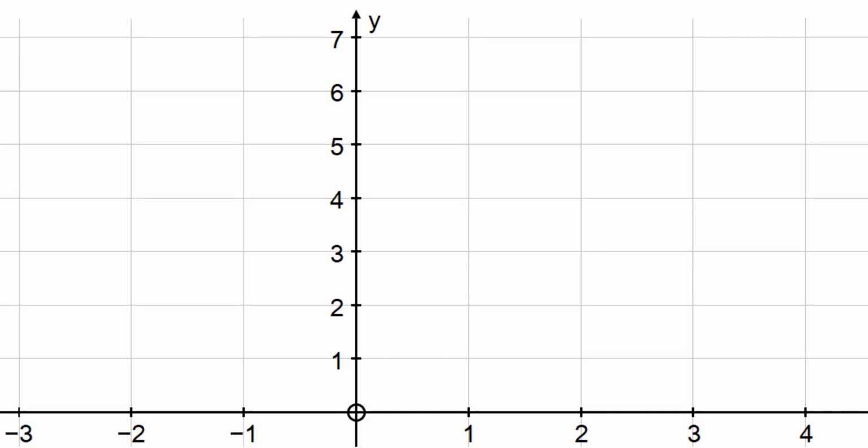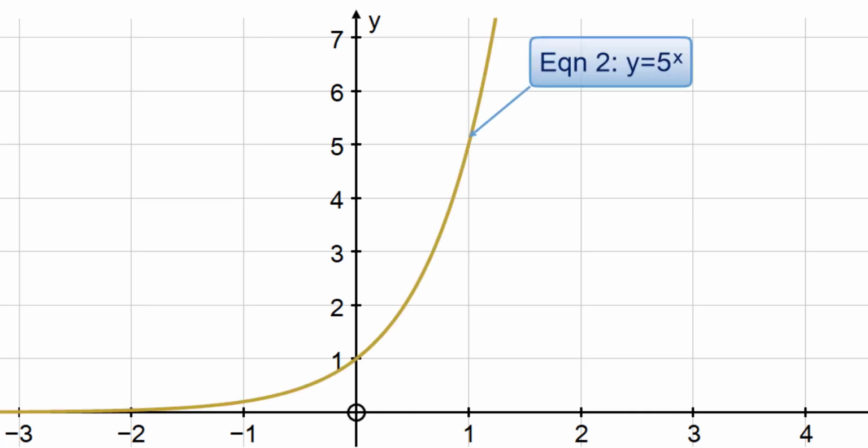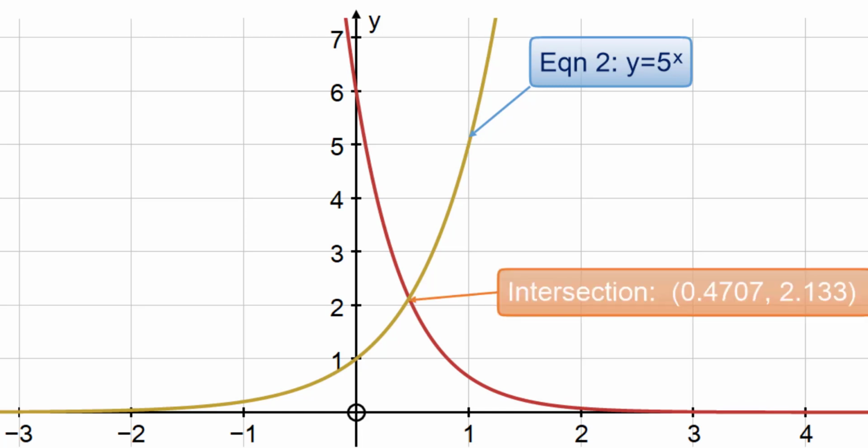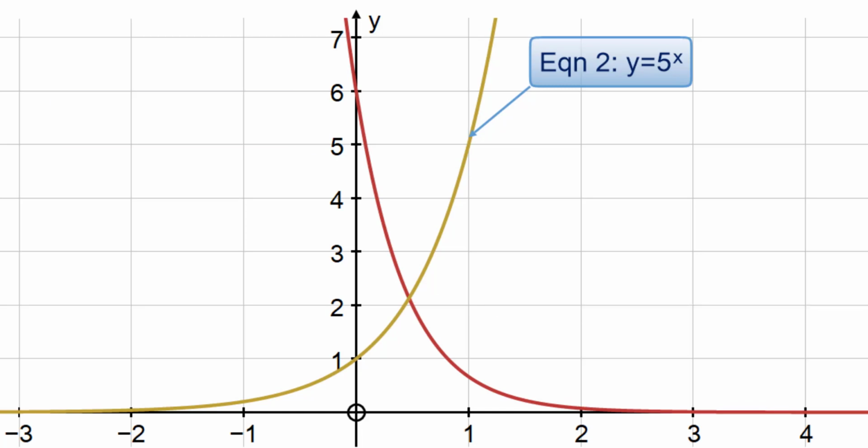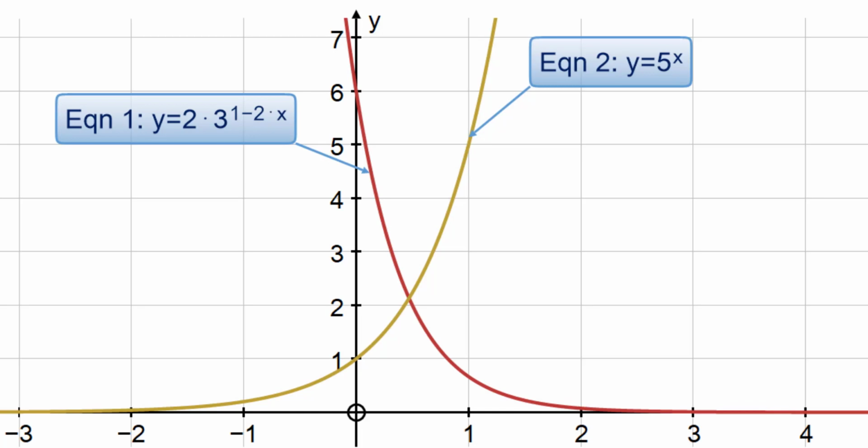Let's see. So let's say this is the first function, and this is y equals 5 to the power x. Second equation, of course I told you, is going to be exponential decay, it's coming down, 2 into 3 to the power 1 minus 2x, and we can see which one we had to get greater than 5 to the power x.